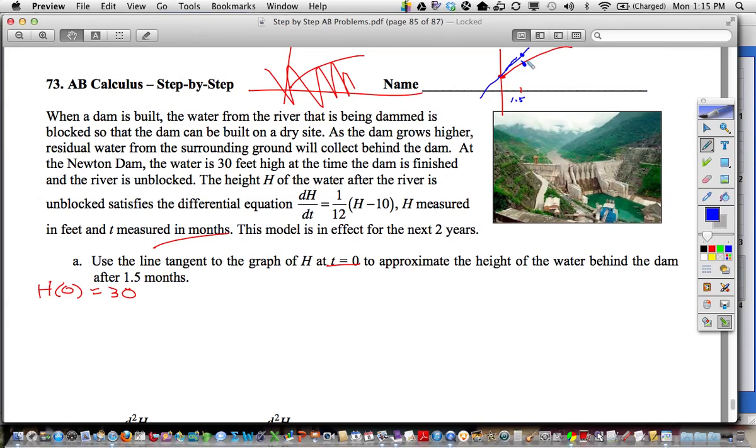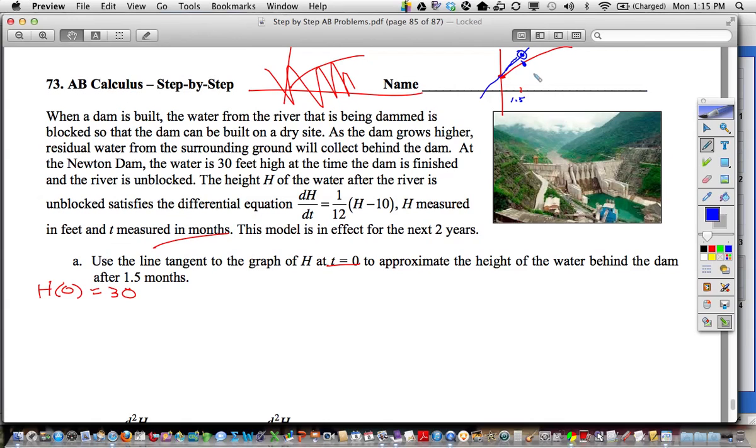So 1.5 is not too far away, so this y value on the h graph, which would be the height of the water, is not too far off from this point on this line. Now we can't find the point on the h graph because we don't know what the h graph looks like, right? I mean, could we do the solution over there? Yeah, but forget that for a second. So what do I need to find here to do this then? To find this point right here. No, no. What do I do to find that point right there?